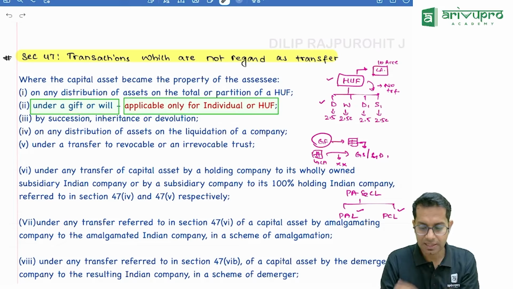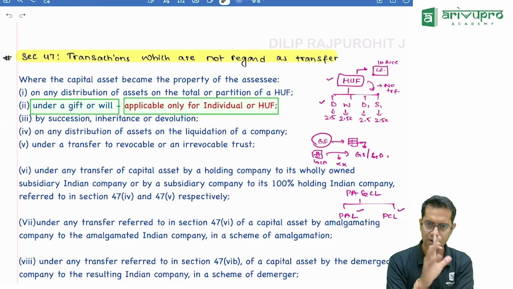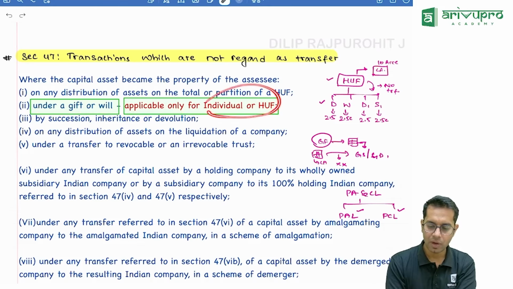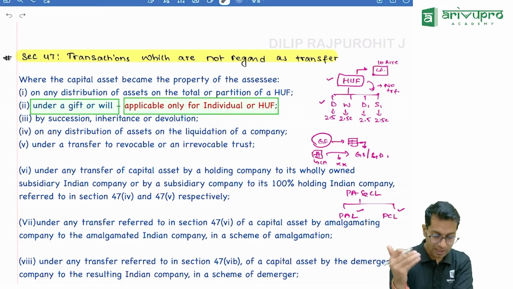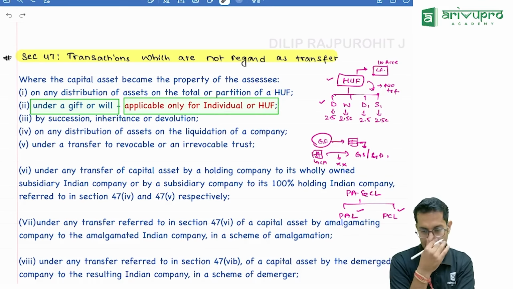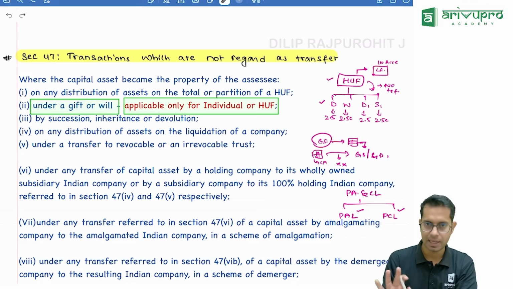Whatever gift provision we saw is applicable only for individual and HUF. Meaning, only if an individual or HUF is giving a gift, the gift provision will be applied. That Simbu Nayanthara case will be applicable. If any other person is gifting, the no transfer case won't apply. It is a transfer.